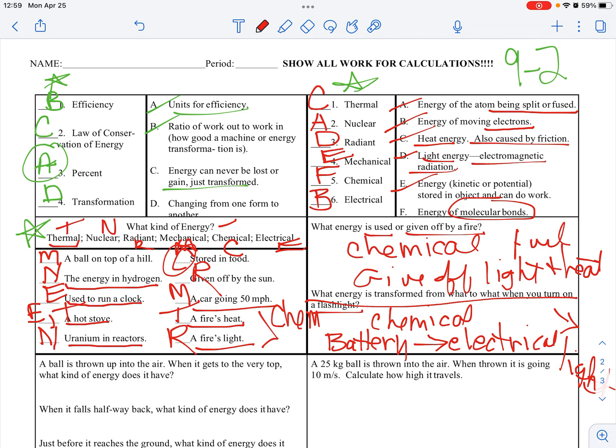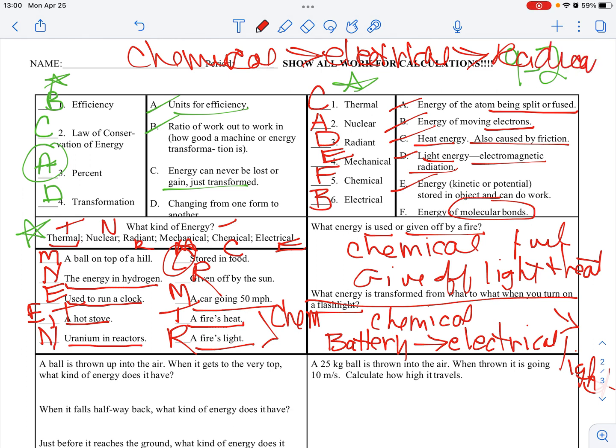I can't write light there, it's going to cross off light. So it'll be battery, electrical, so it'll be chemical, goes to electrical, goes to radiant. And I'll do the rest of this later.